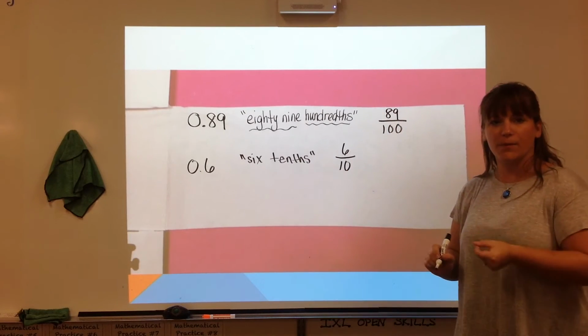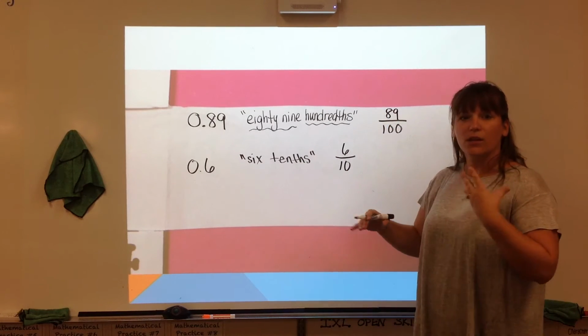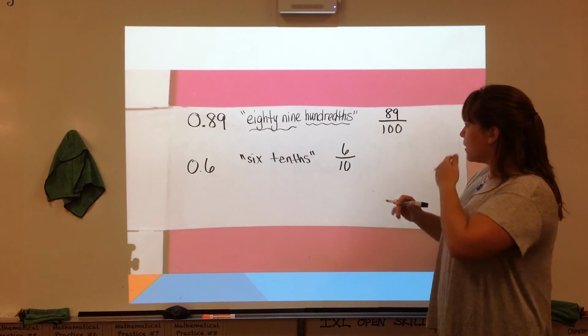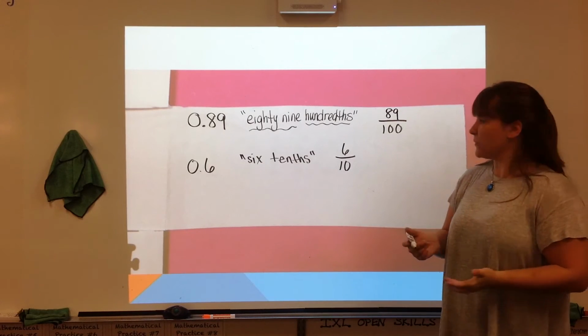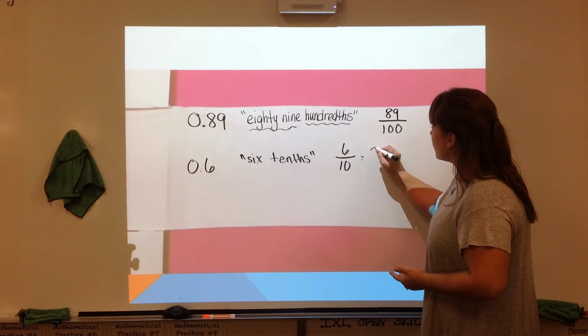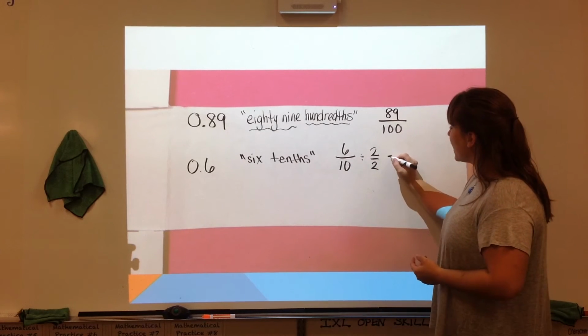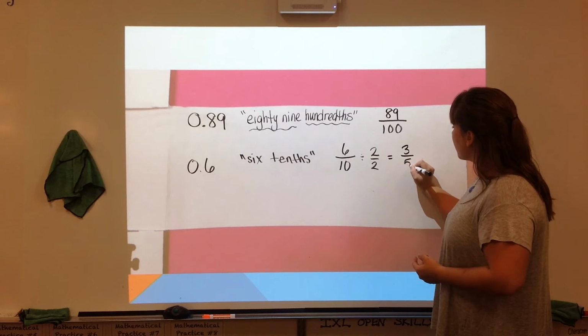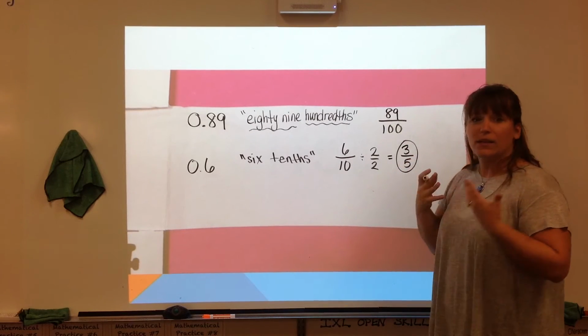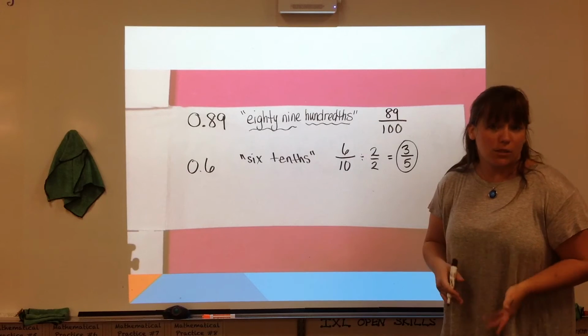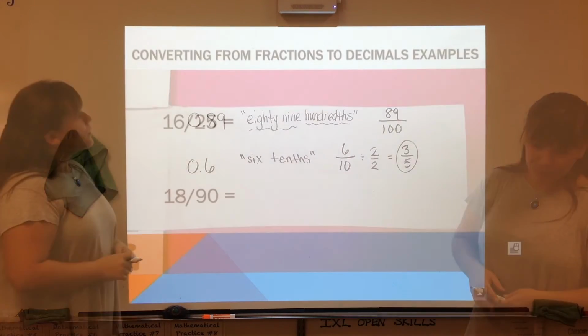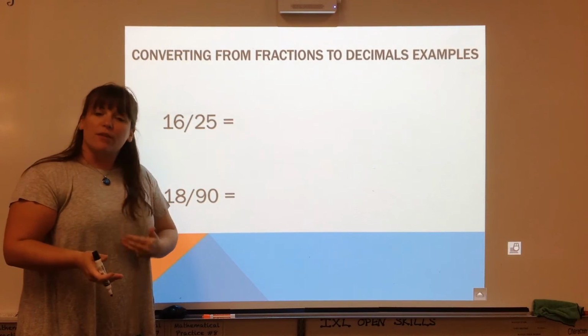So once you read the number, you actually have your fraction already. For this one though, we need to simplify, because this 6 and 10 are numbers both divisible by 2. When we divide by 2 over 2, we will get 3/5, and that is the fraction in simplest terms, or reduced. So this is page 37 in your notebook.